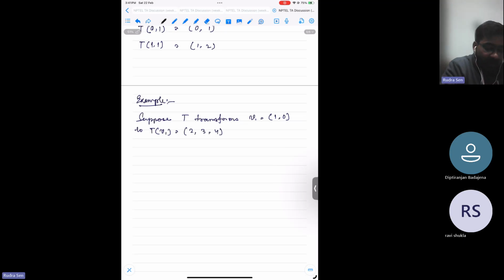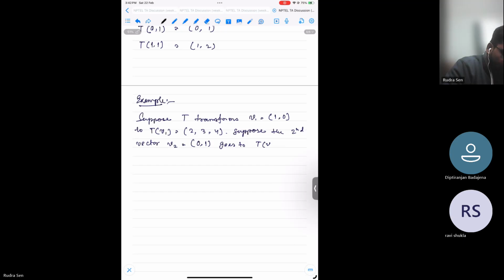It is basically taking the vector from 2D space and mapping it into a 3D space. And suppose the second vector V2, which is (0, 1), goes to T V2, which is (5, 5, 5).